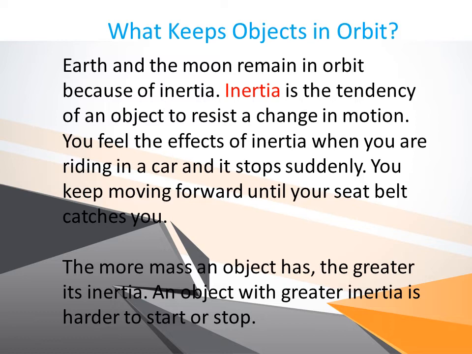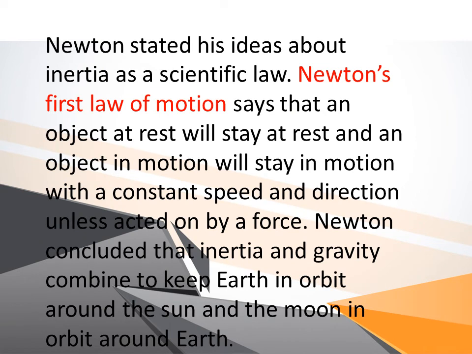So, the more mass an object has, the greater its inertia. An object with greater inertia is harder to start or to stop. That also we already studied before. So, Newton stated his idea about inertia as a scientific law. Newton's first law of motion says that an object at rest will stay at rest, and an object in motion will stay in motion with a constant speed and direction unless acted on by a force.